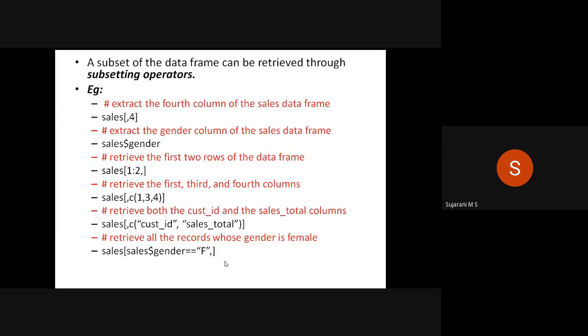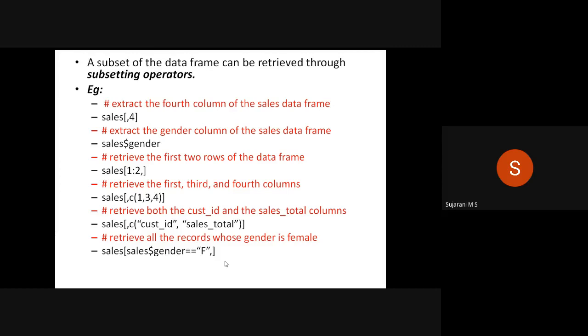Next, for extracting some of the data from a data frame, we can use a subsetting operation. Some examples are here. A subset of a data frame can be retrieved through subsetting operators. For example, if you want to extract the 4th column of the sales data frame, simply provide our data frame name sales in square brackets.